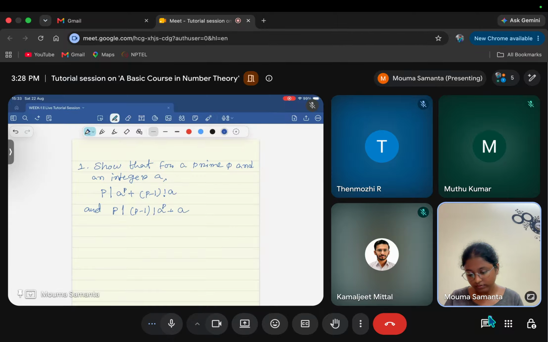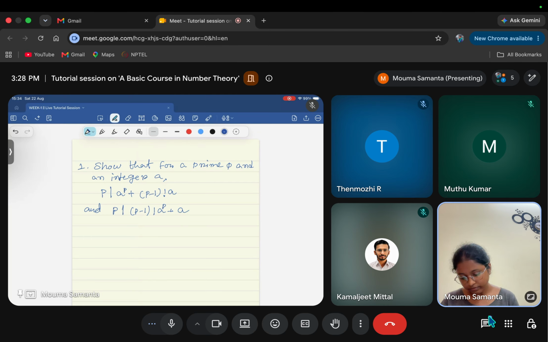So what it is asking: given p is a prime number and a is an integer, no condition is given on a, show p divides a power p plus p minus 1 factorial times a, and also p divides p minus 1 factorial times a power p plus a.